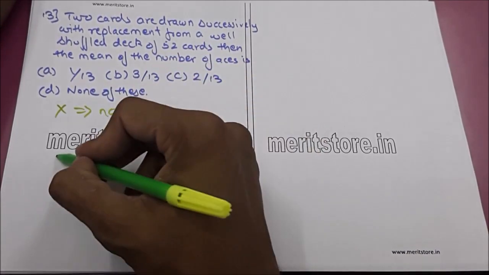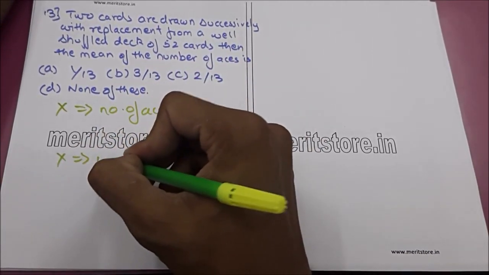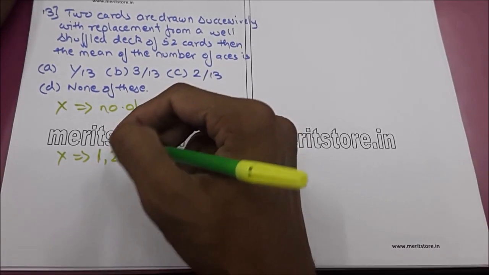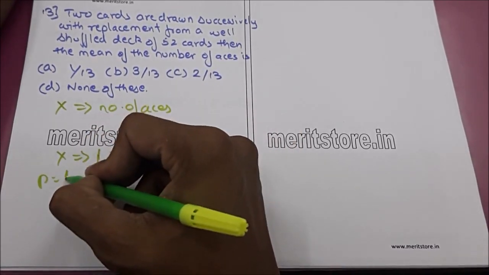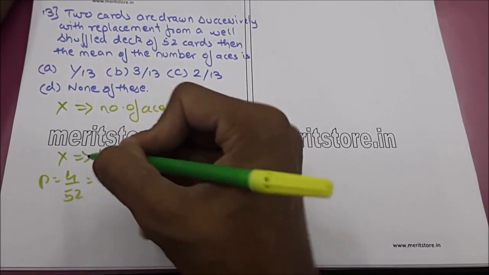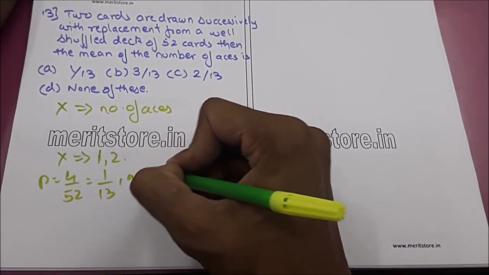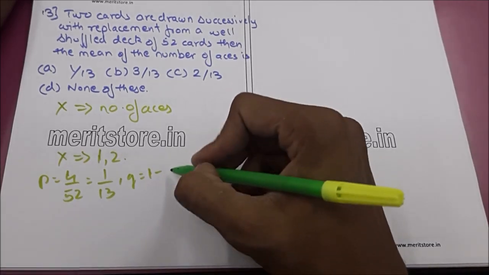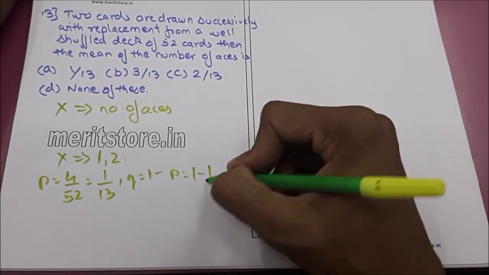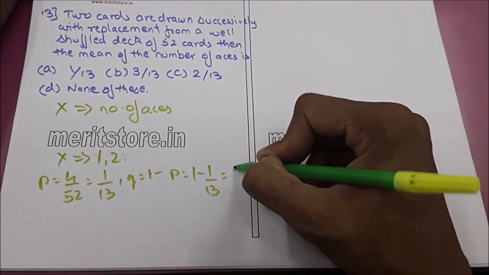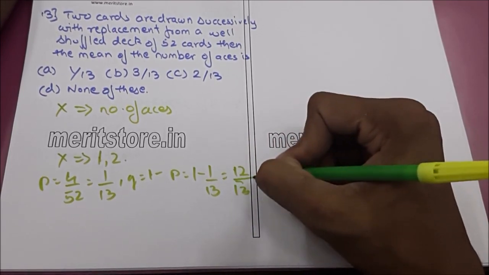X takes the value 0, 1, 2. Therefore we get P is equal to 4 by 52, which is equal to 1 by 13. Q is equal to 1 minus P, that is 1 minus 1 by 13, equal to 12 by 13.